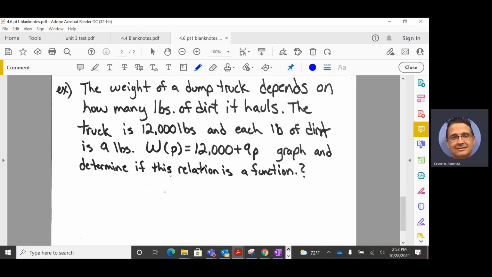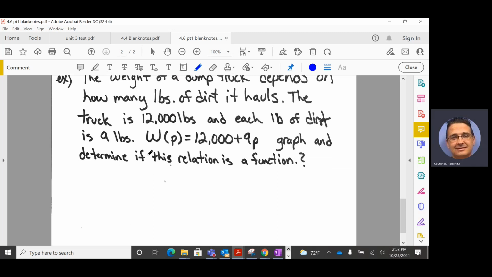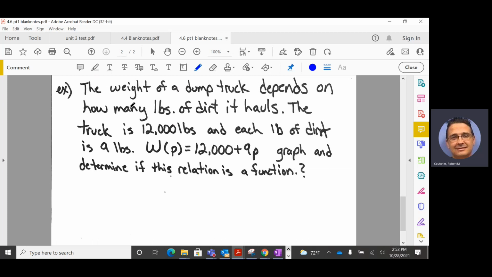And our last little question we're going to have here is they're wanting us to be able to draw a graph from a word problem and then determine, is that graph going to be a function or not a function? Okay, the weight of a dump truck depends on how many pounds of dirt it hauls.